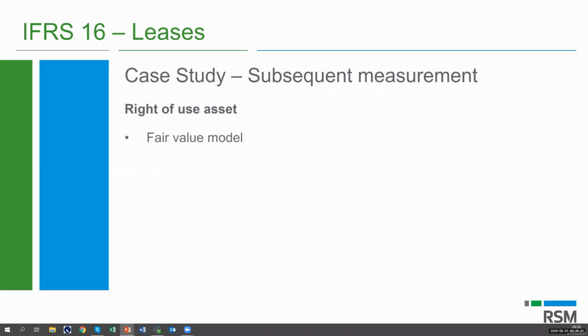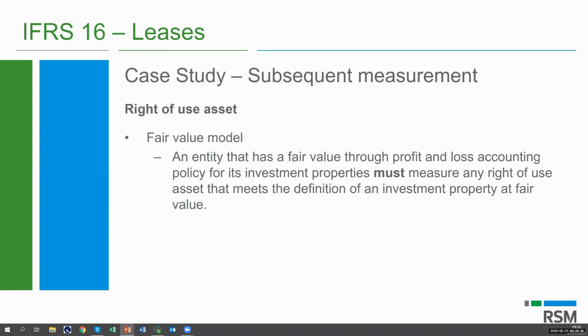If your right-of-use asset is accounted for under the fair value model, and that's typically for investment property, then what the standard says is if you have a policy of accounting for investment property at fair value, then you must also measure your right-of-use assets that meet the definition of investment property at fair value as well.